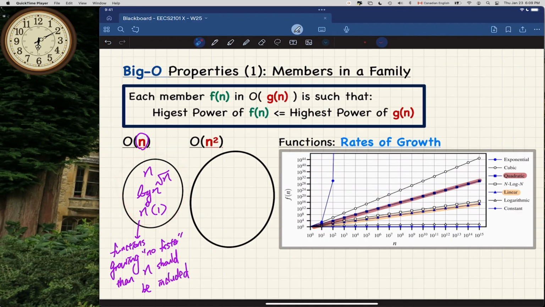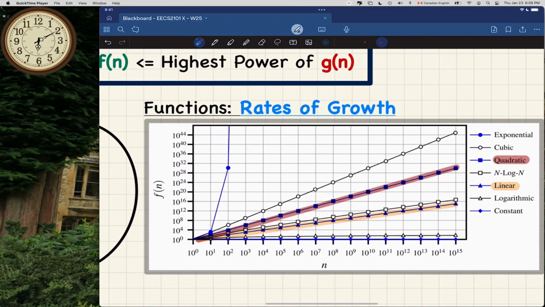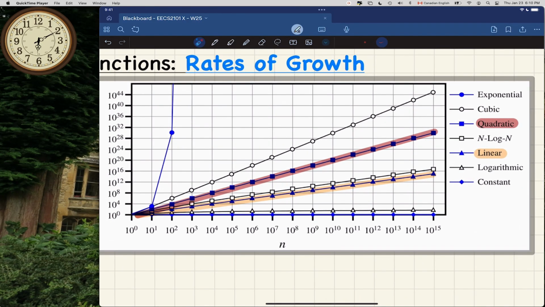So this is where we can draw connection to the diagram. Right here, we talk about linear, which is exactly this line over here. According to our listing, we don't have the square root of n right now, but that's okay.